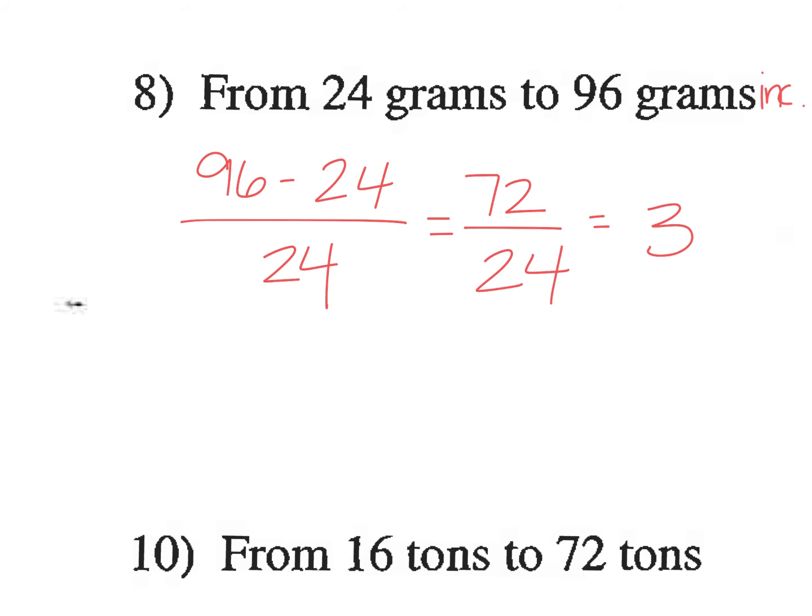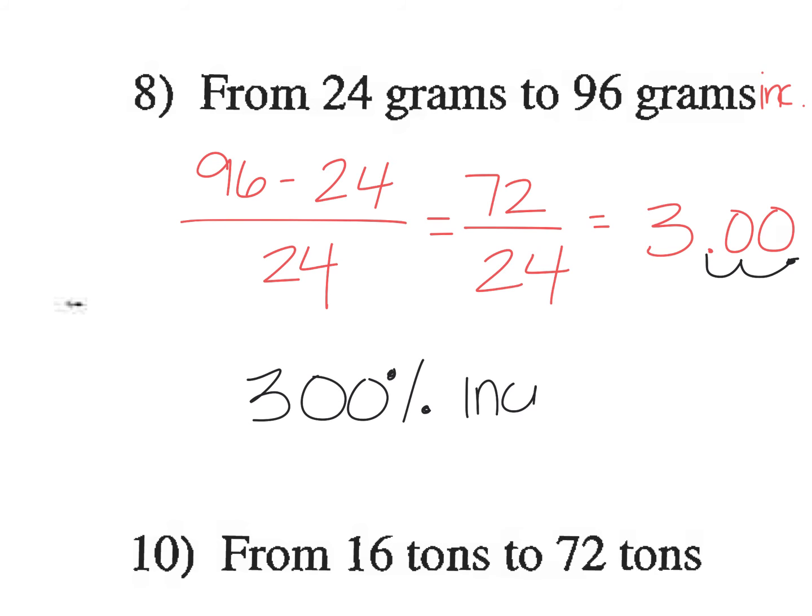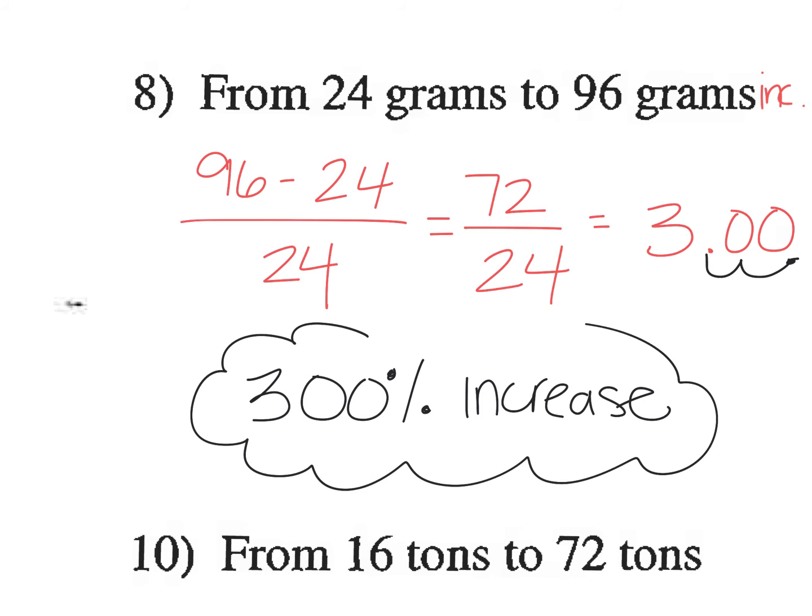I still need to change this to a percent. So 3 is the same as 3.00. So then I move my decimal 2 to the right to get a percent. So my percent of increase would be 300%. So a 300% increase would be what it would take to get from 24 to 96.